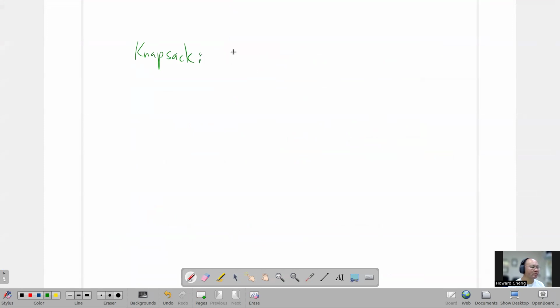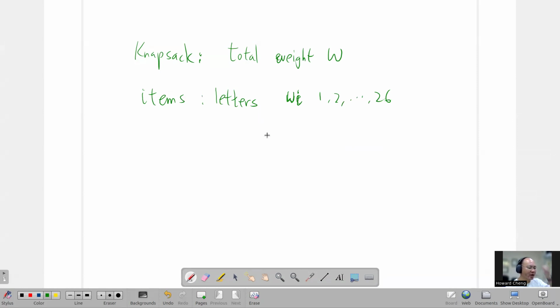So in this case, our capacity is actually the total weight W. And in this case, I actually want to hit the capacity exactly. The items are the letters, and they have weights Wi, 1 to 26. I want to pick exactly L of them, so that this will sum up to that.